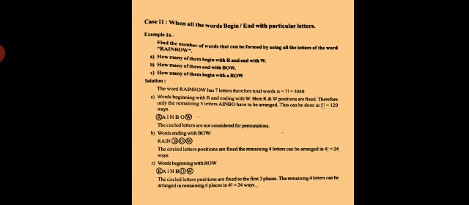In that, first one is how many of them begin with R and end with W. Second one, how many of them end with BOW. Third one, how many of them begin with ROW. So read the question properly and tell me how many letters are there in the word rainbow.